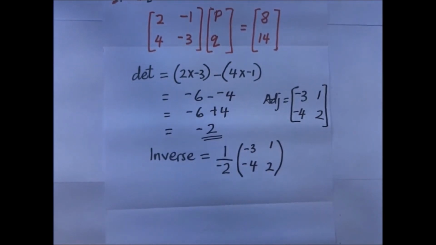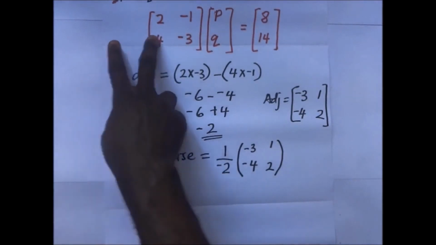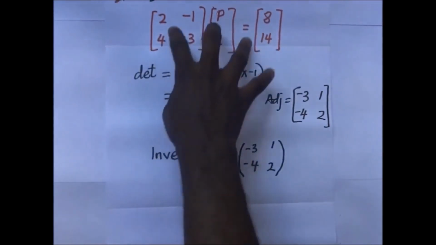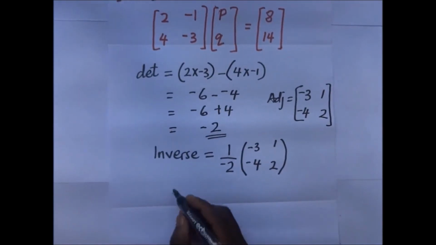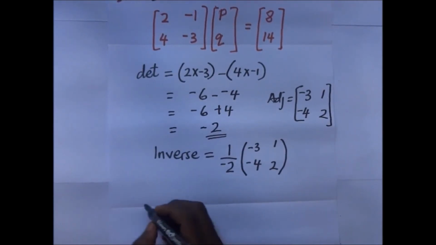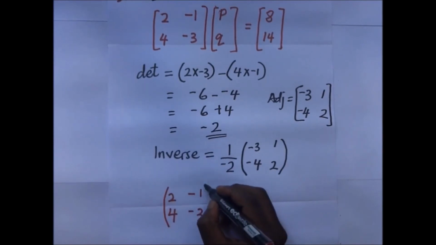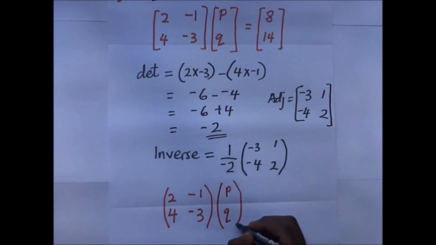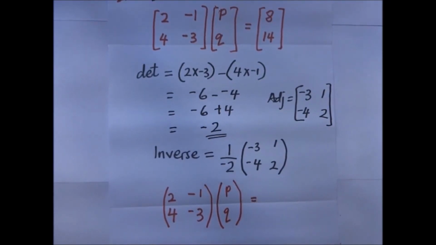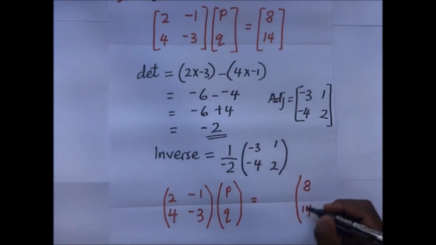So after getting our inverse, we are supposed to multiply the inverse on this side of the equation and that side. So bringing this back, it's going to become 2, 4, negative 1, negative 3 times p, q is supposed to be equal to 8, 14.